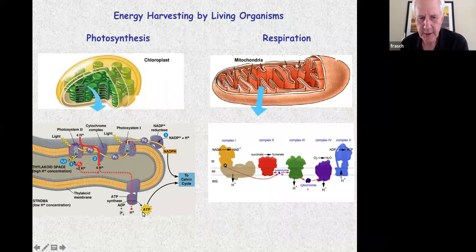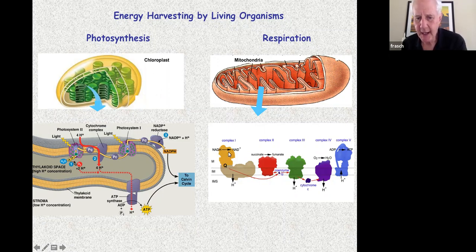The same thing occurs in mitochondria, another energy harvesting organelle, by the process of respiration, where you're taking the reduced, in this case, NADH, and oxidizing it, and in so doing, you're moving electrons through these protein complexes that are embedded in the membrane that then serve as proton pumps to the inner part of the inner membrane of the mitochondria.